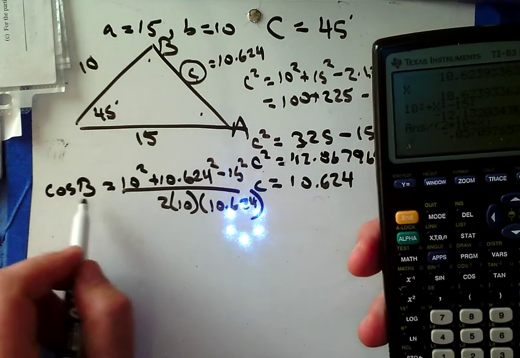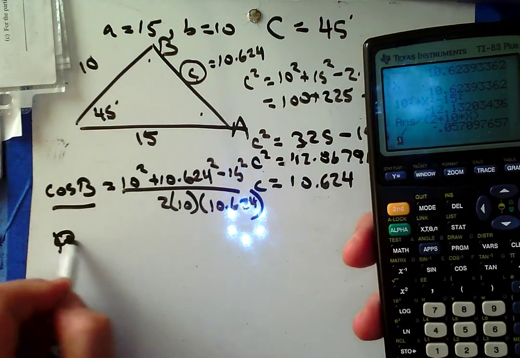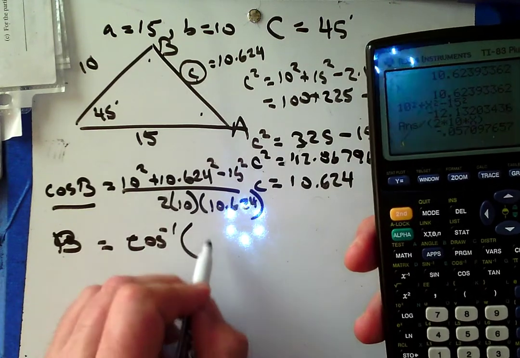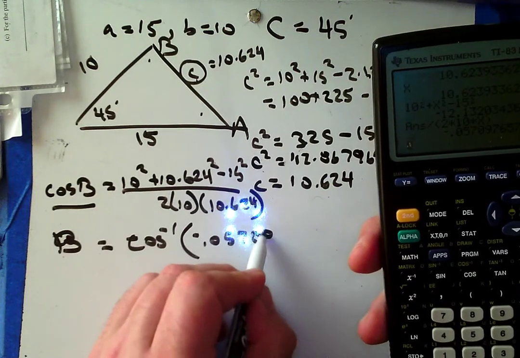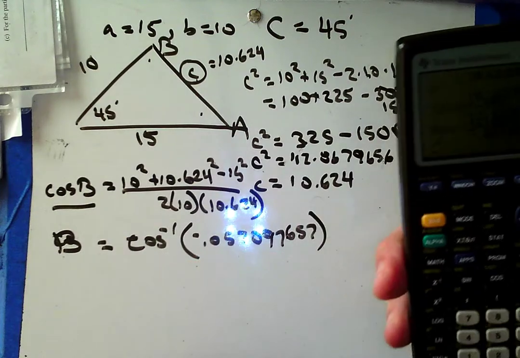0.057, but that's cosine of b, so I need to do the inverse cosine of negative 0.057097657.